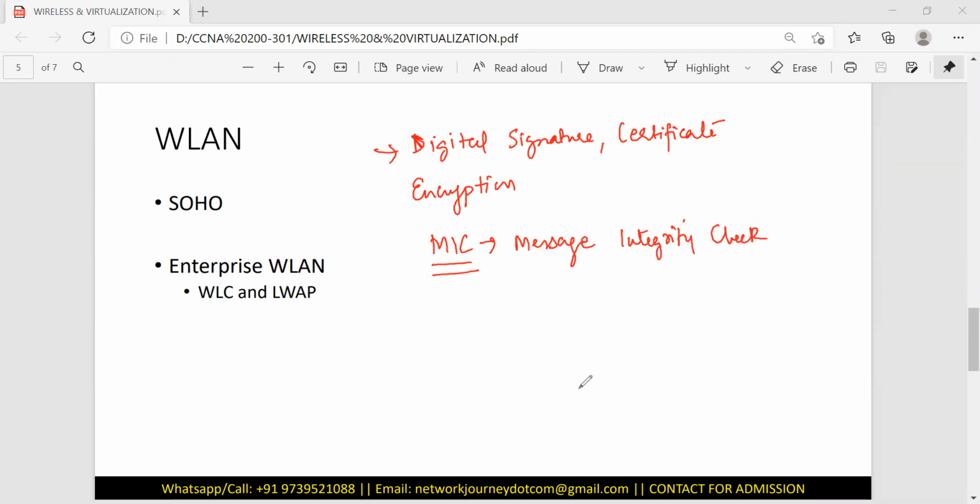You calculate your message integrity check and send it over the network; the receiver is going to calculate it again and verify whether it matches your calculation or not. Okay, so that is how message integrity is done. And these three are very important over a wireless network: encryption, authentication and integrity.